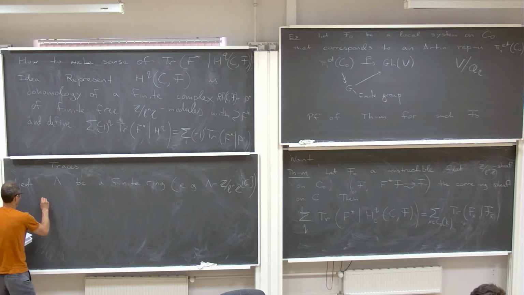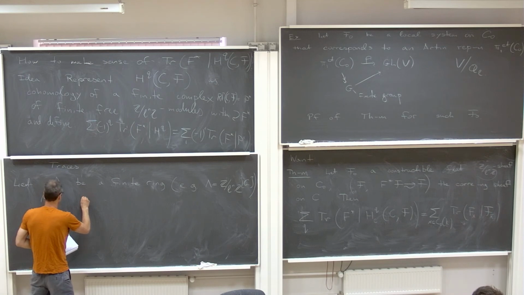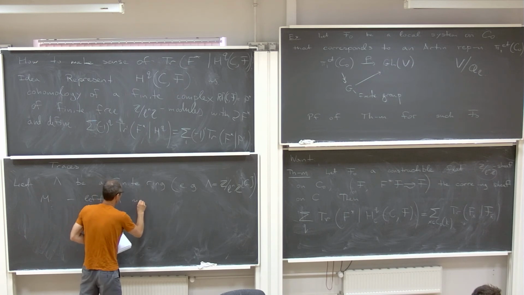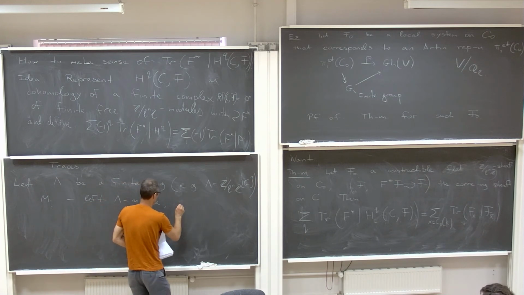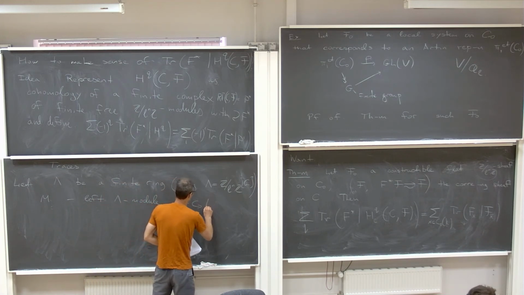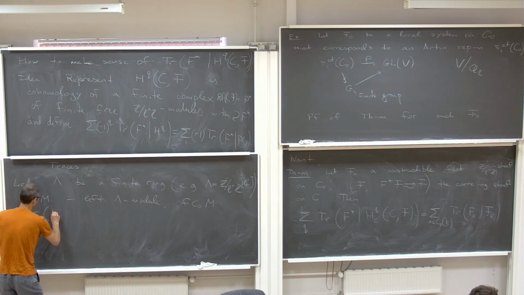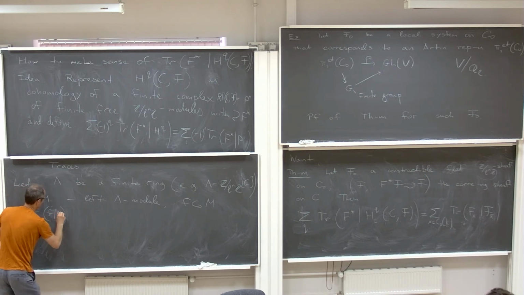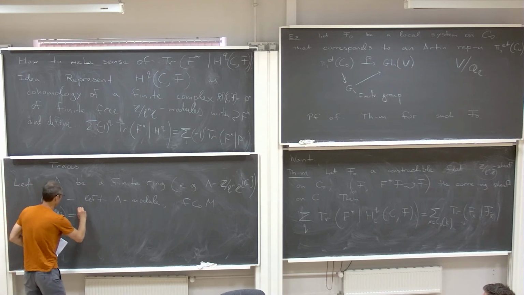So M is a left Λ-module and F is its endomorphism. So the question is, what is the trace of F on M? Where does it live?